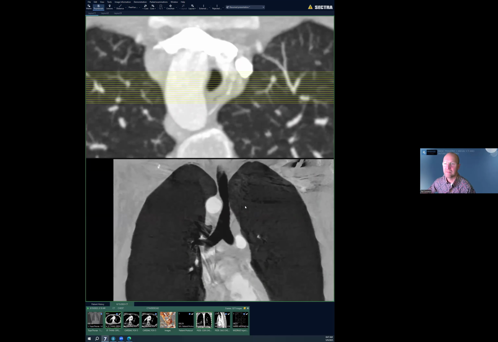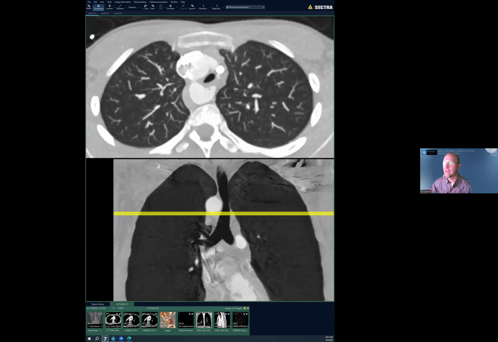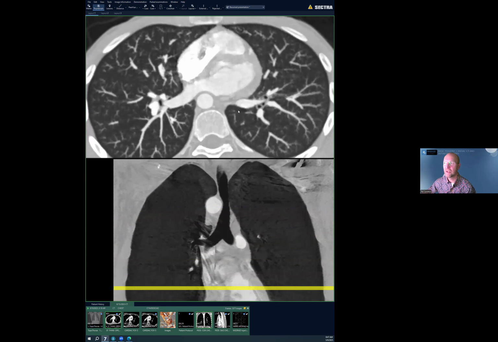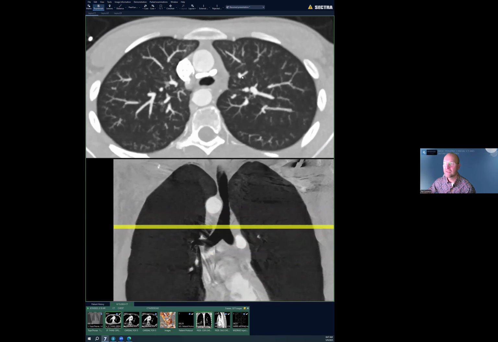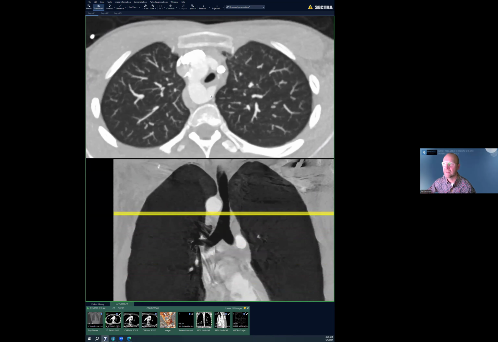So this is kind of a warm-up case, just showing you a relatively simple case where really the only anomaly we have is a right-sided arch with mirror image branching at first glance, and then at closer observation, we can see that there's a little diverticulum.